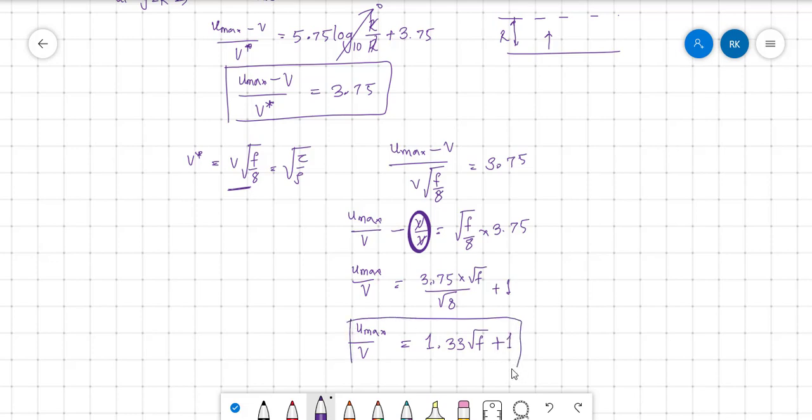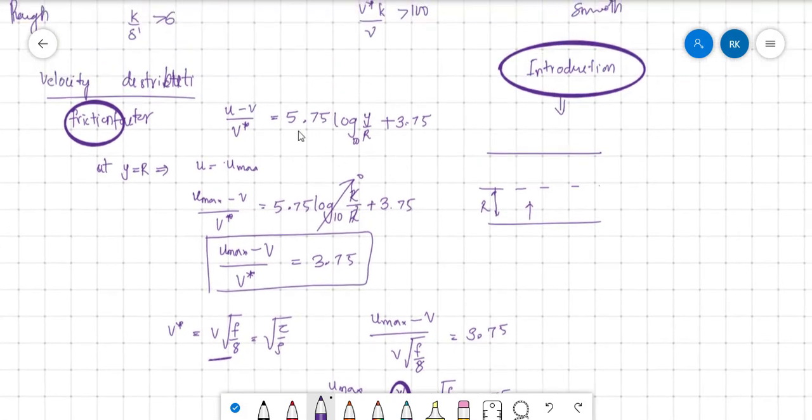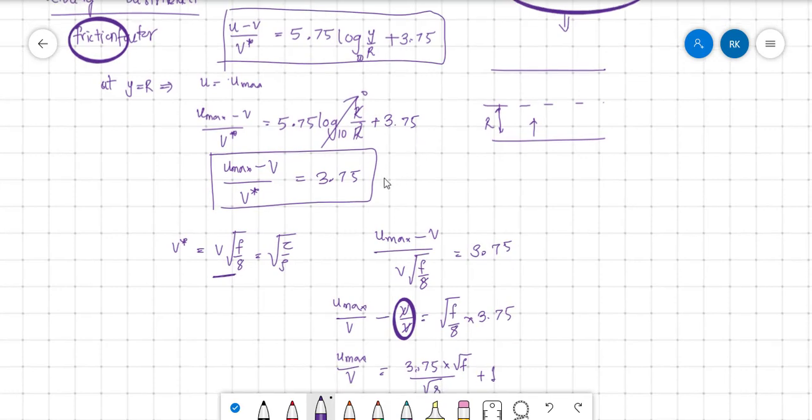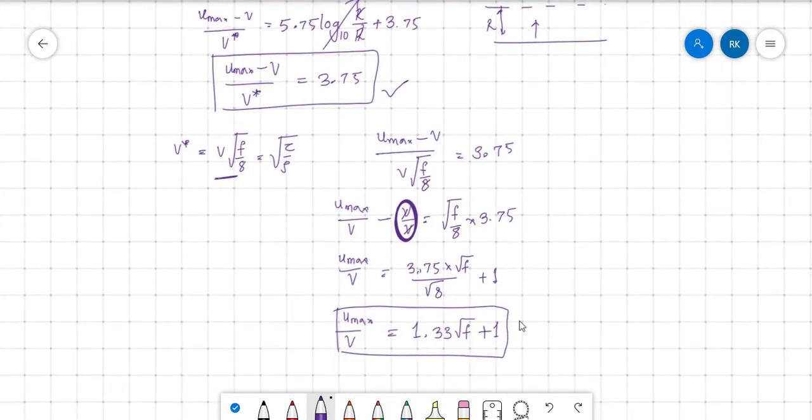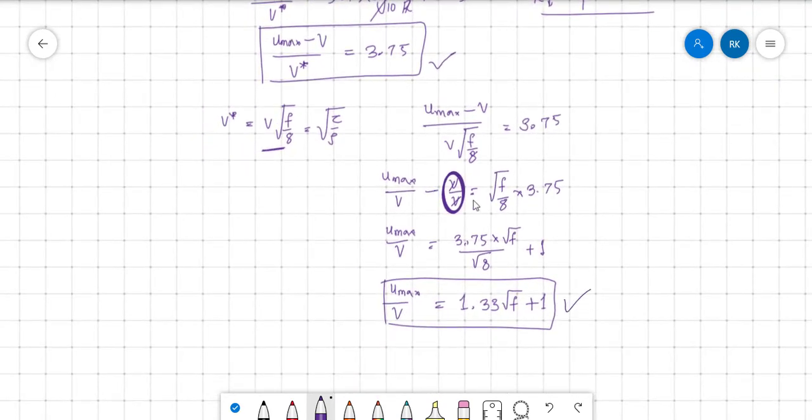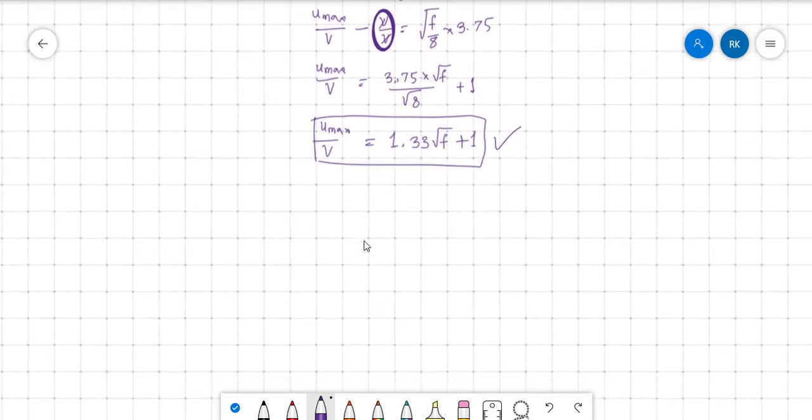So remember this. What do you need to remember? This one and this one: Umax by V is equal to 1.33 root f plus 1. And also tau is equal to rho f V square by 8.